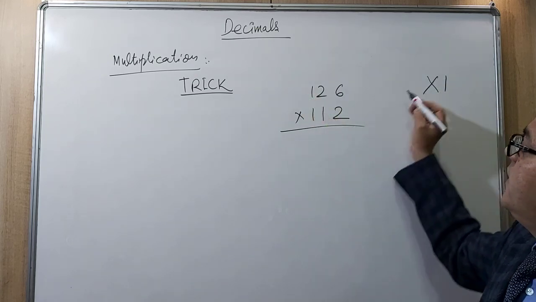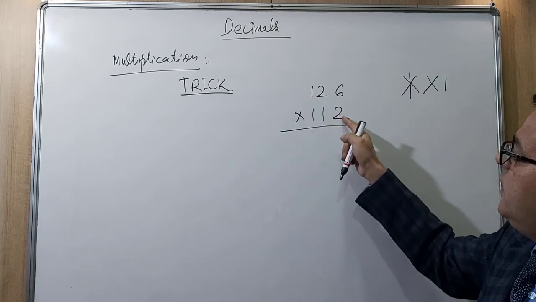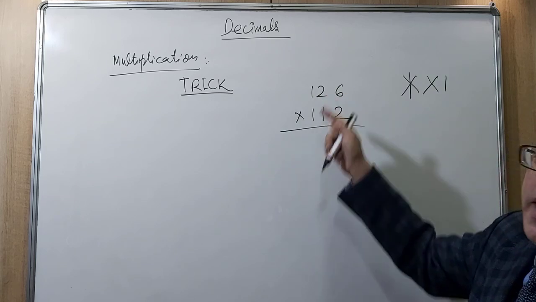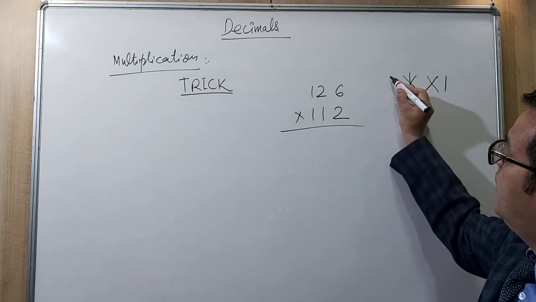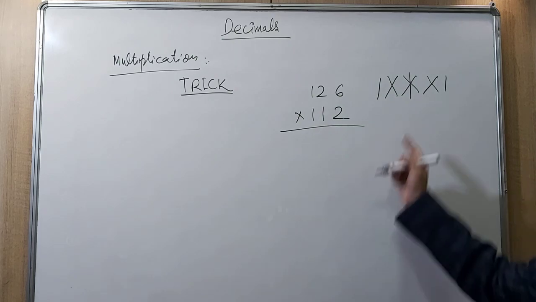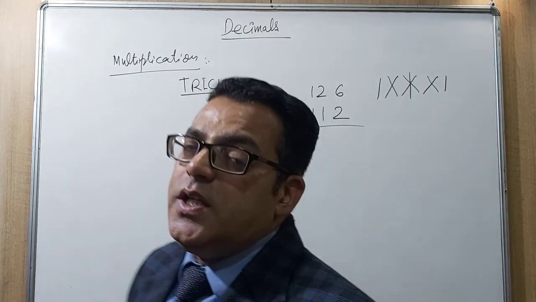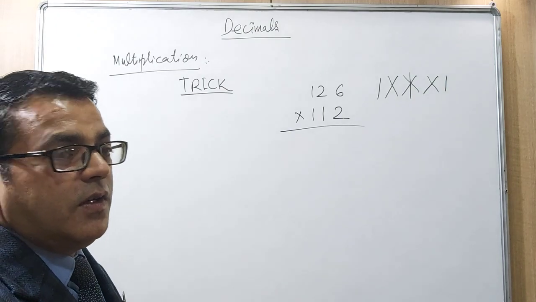Then for 3 digits we can write this one. It means we will multiply crossly, then the middle numbers also. And for the last 2 numbers cross, and the first 2 numbers this one. So this is the formula for 3-digit number if you are multiplying by a 3-digit number, right?